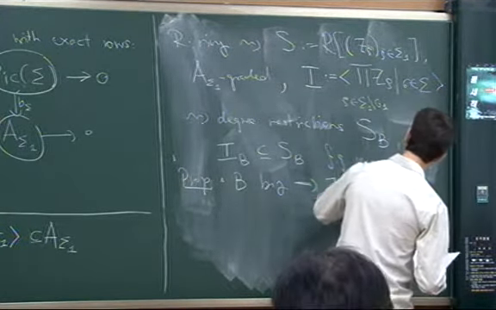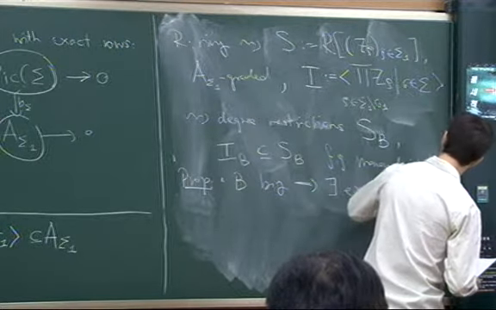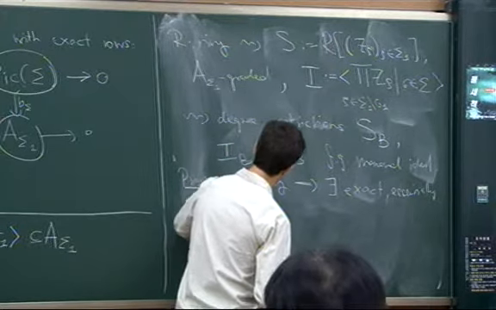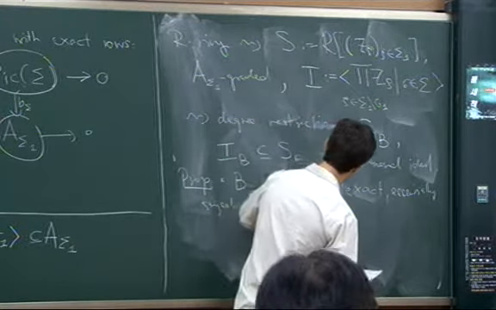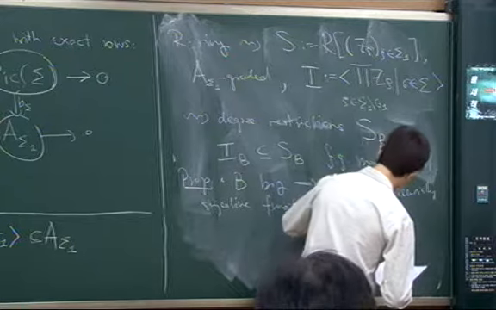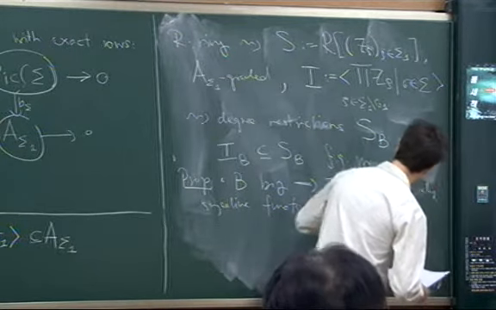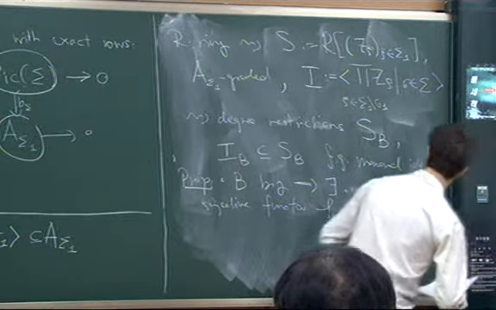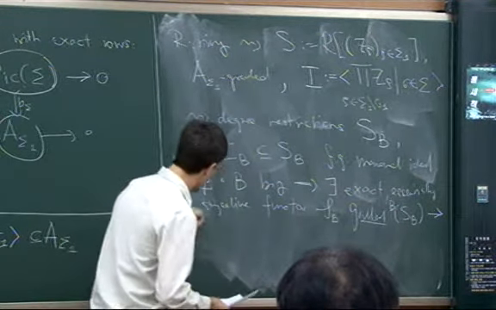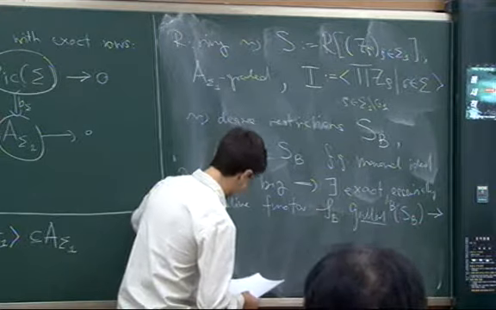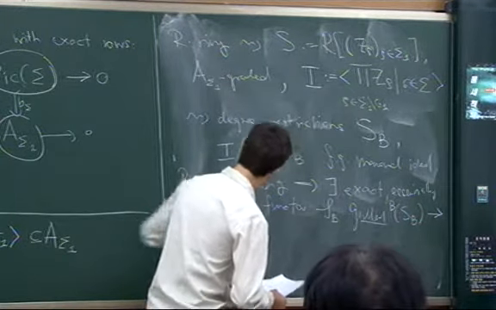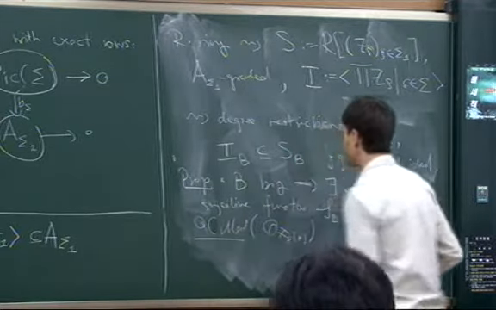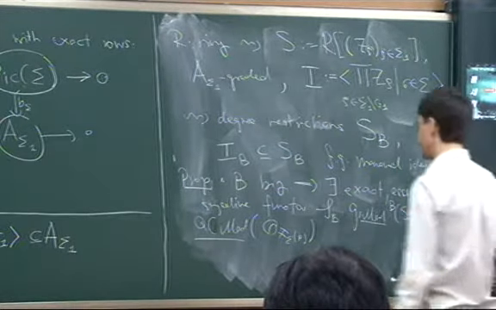There is an exact, essentially surjective functor from the category of B-graded SB modules to the category of quasi-coherent sheaves on the toric scheme.